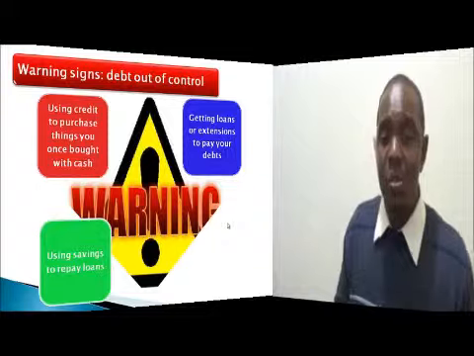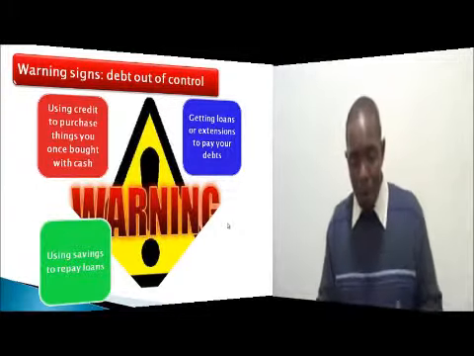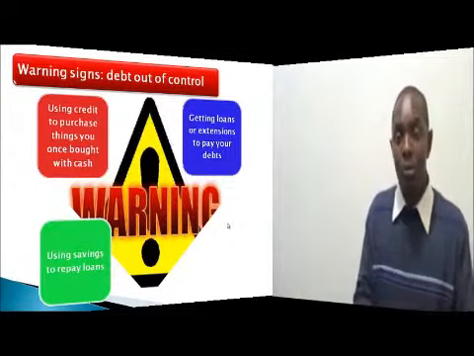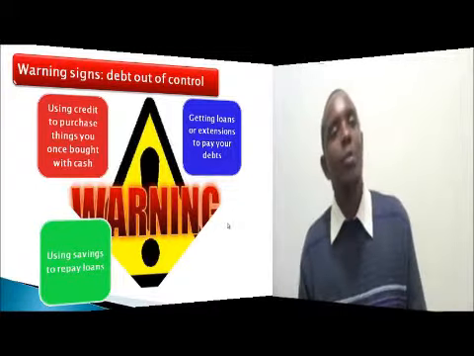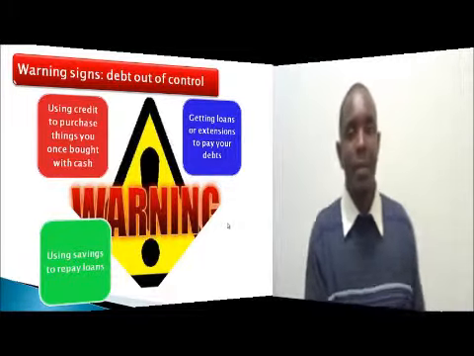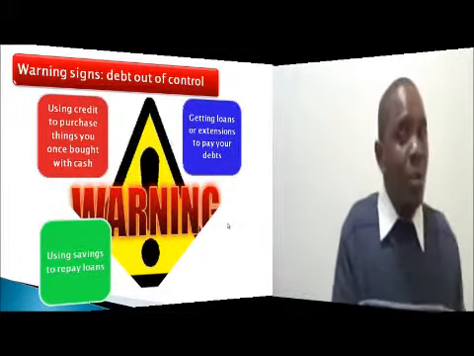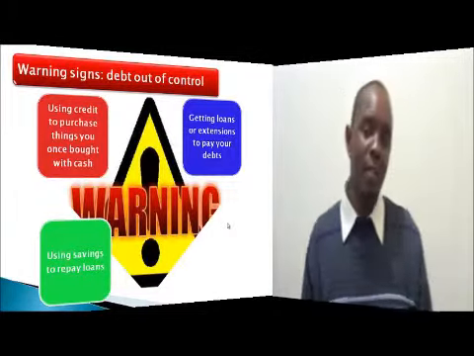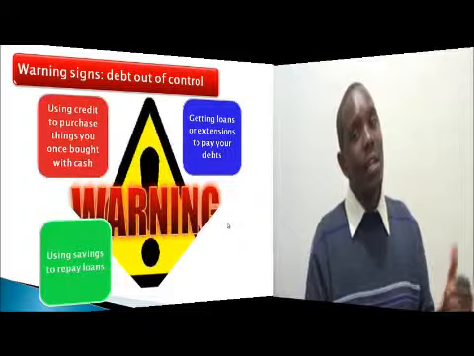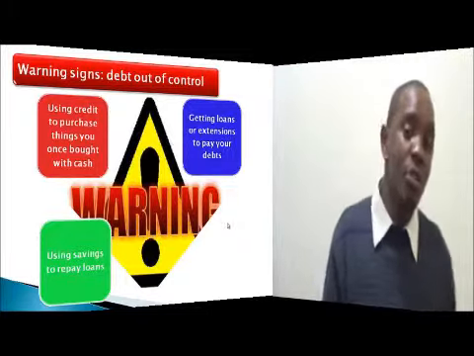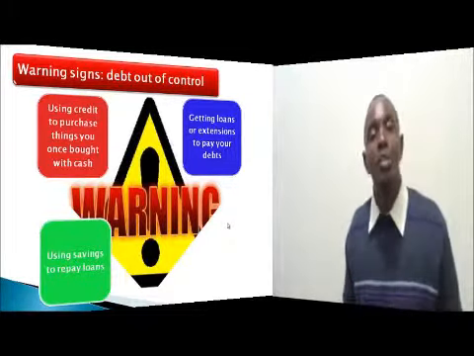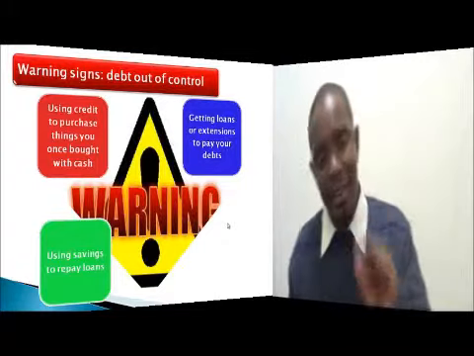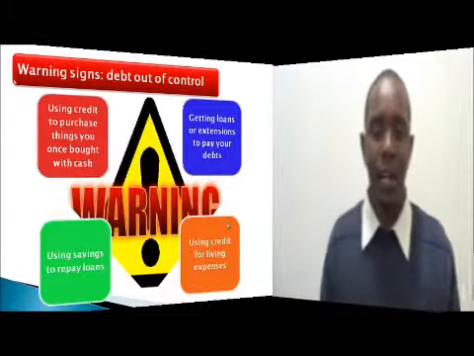Using your savings to repay the loans. Remember, when you took up the debt, it was for an intended purpose. That's where a good debt comes in, because it's able even to pay for itself. But where it reaches a point that you're using your savings to repay the loan, then that's a warning sign.